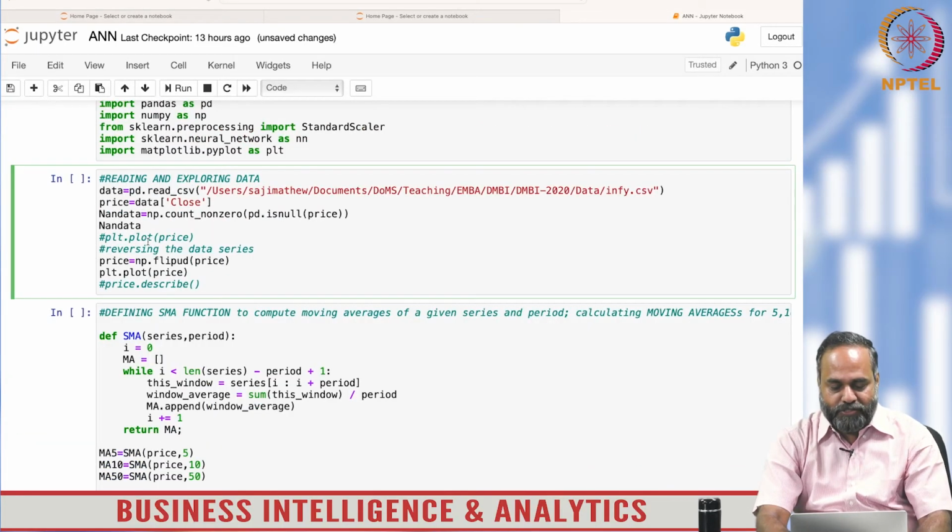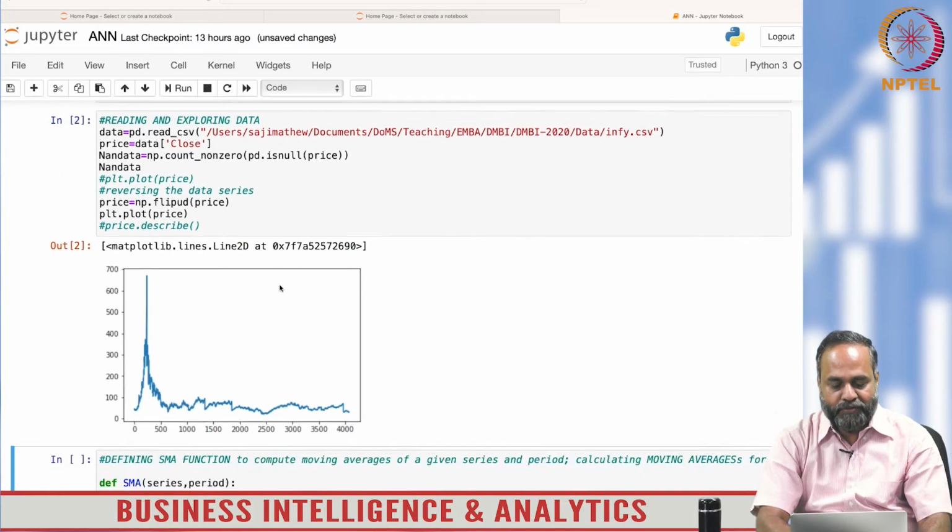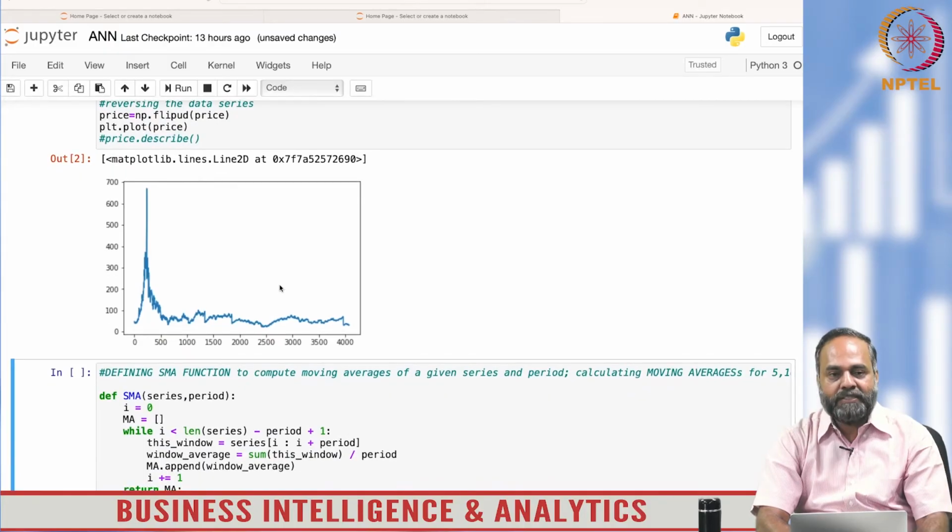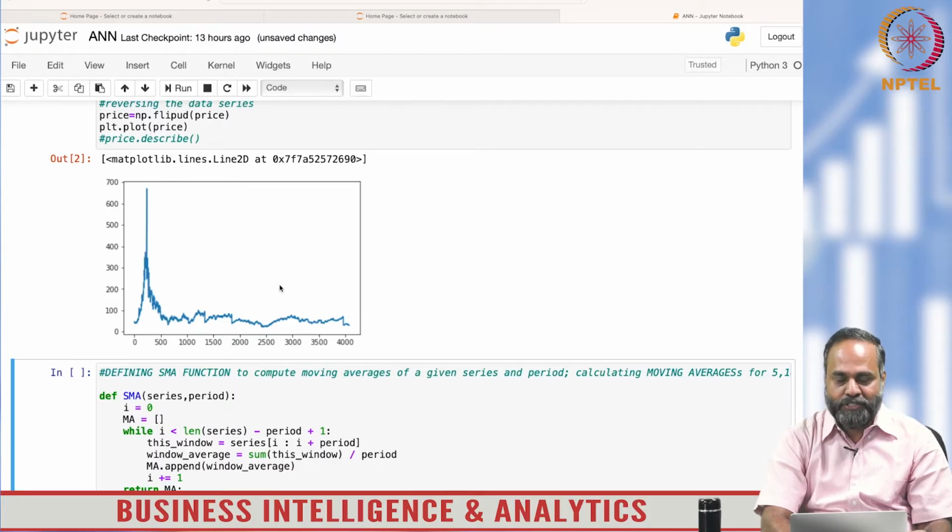So I am just plotting the reversed series alone so that it doesn't confuse. So you can see that the major change happened only in the beginning. So therefore if it takes 70% of the data, the major change is already contained in the training data. Just to be sure about it.